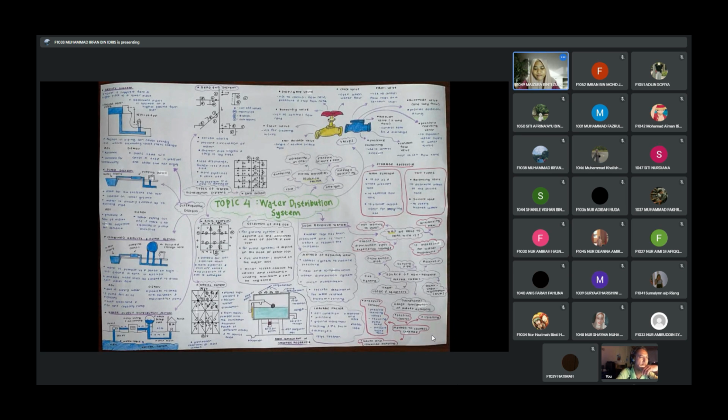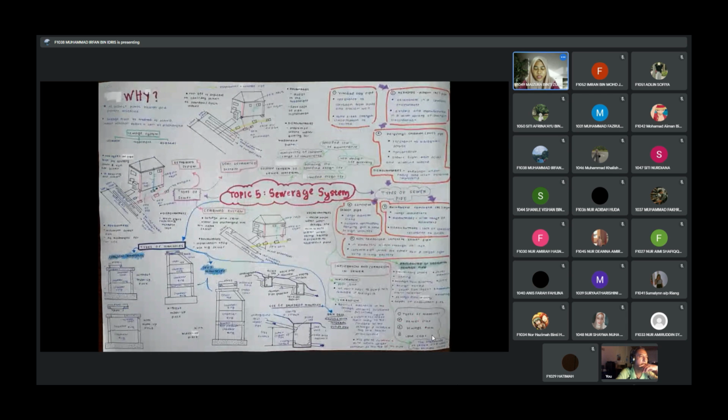Next is sewerage system. Sewerage system consists of types of sewer, which is three types: separated, semi-separated, and combined system. Then there is type of manhole, which is shallow, deep, backdrop manhole with outlet pipe.